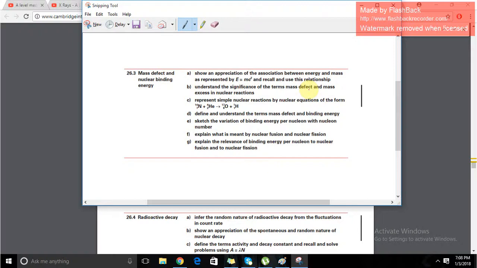So, when we do work on something, for example, we may lift up a bucket, the potential energy of said bucket would increase, right?